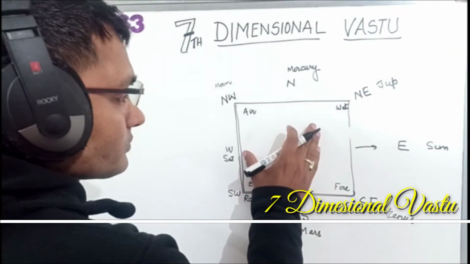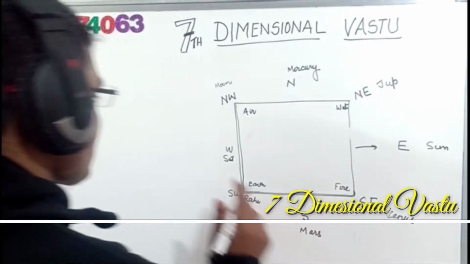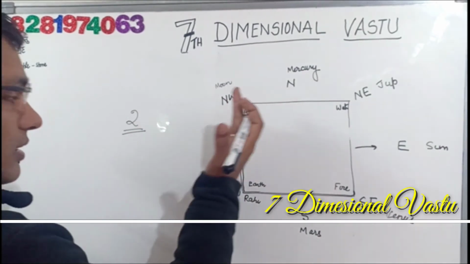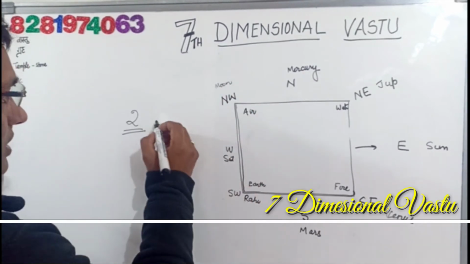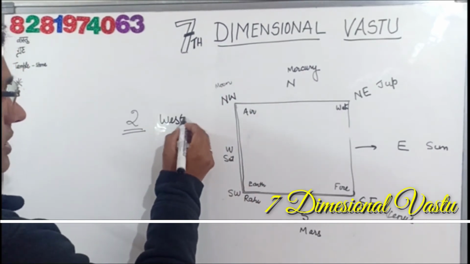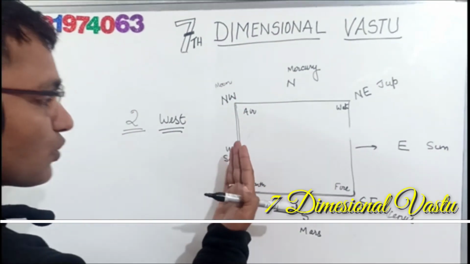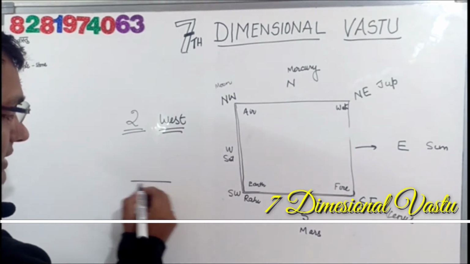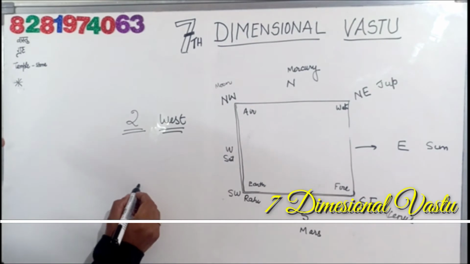After that, what is the second important point? Second point is that any house should have its west wall, पश्चिम की दीवार, heightened on top. West wall should always be highest. For example, this is your house.